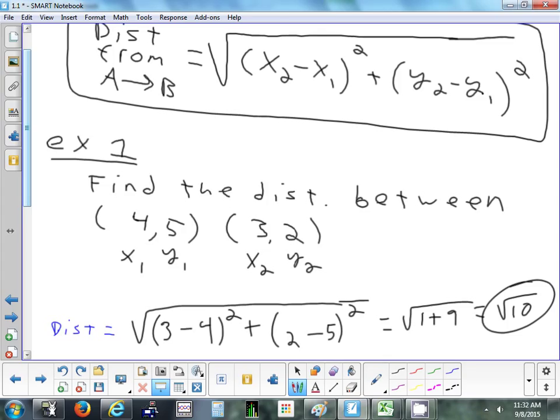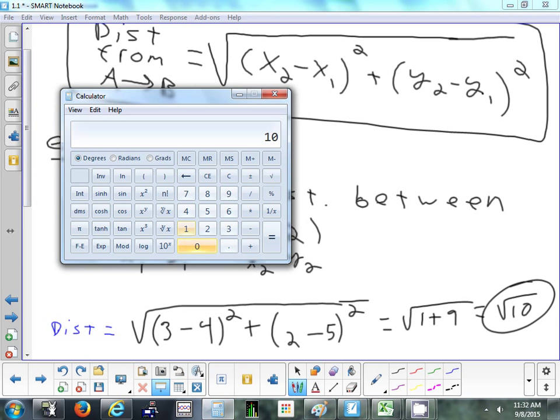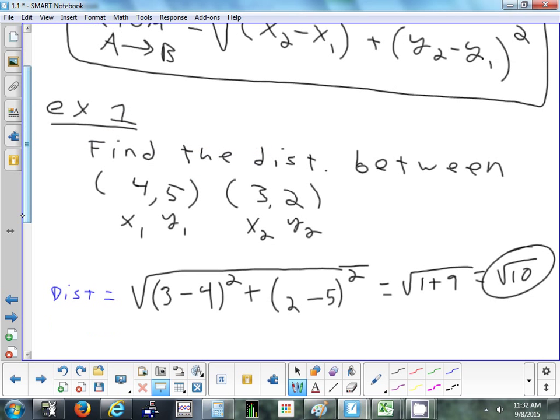If on the test or in the book they ask you to round that off, just use your calculator. Square root of 10 is about 3.16. Okay, any questions on finding the distance there?